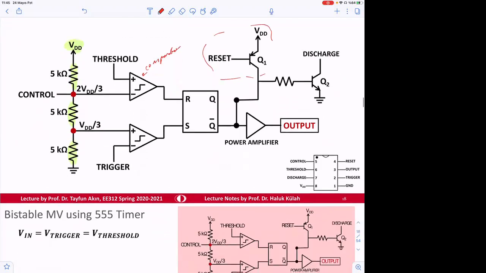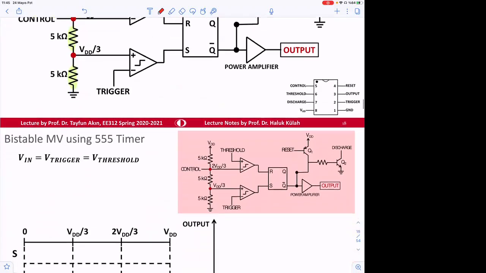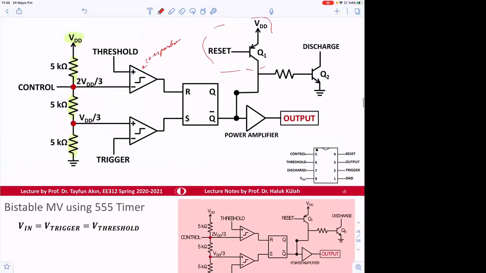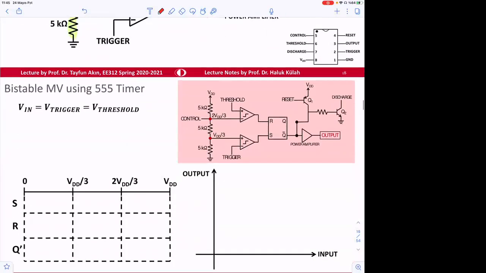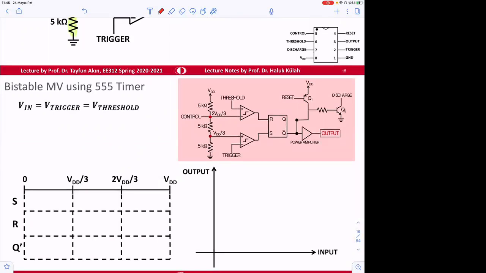In this circuit we will look at the operation, like what happens with this circuit.